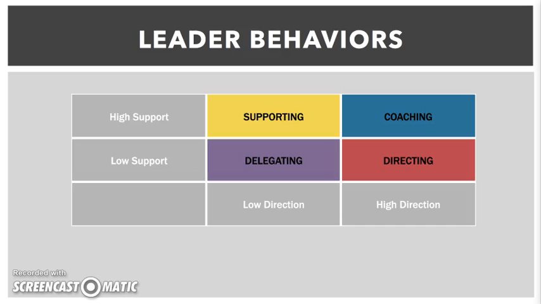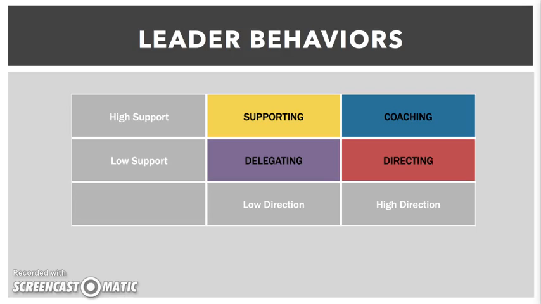And really what you have are these types of leader behaviors. When you break it down into a matrix of high support versus low support and low direction versus high direction, what you see is this difference in style. Somebody who's in the bottom right, who has a high degree of direction, they're telling a lot, giving very focused and structured leadership without a lot of support, low support.